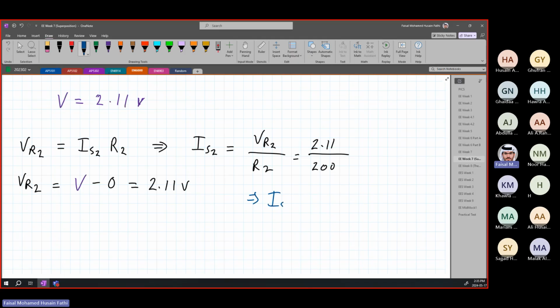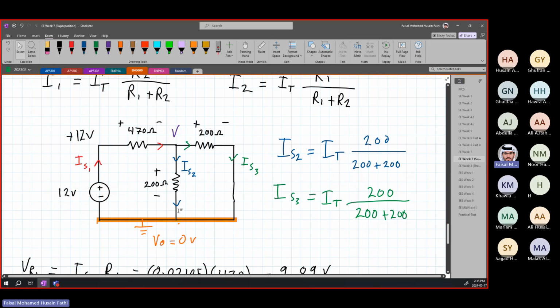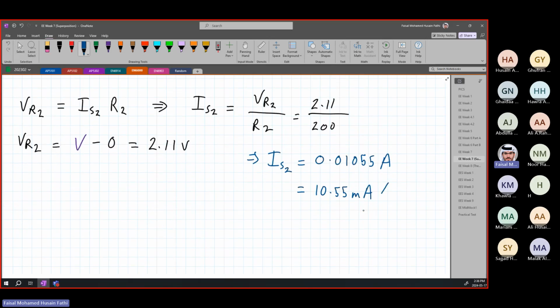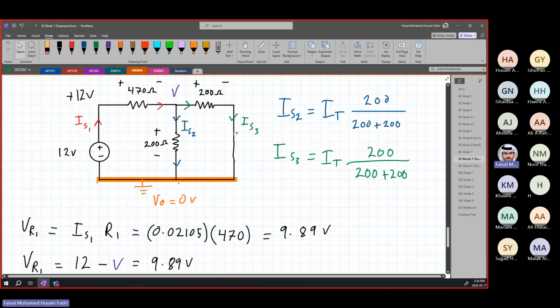Therefore, IS2 is equal to 0.01055 amperes, which is equal to 10.55 milliamperes. Then, again, direction is important. Since we got a positive value for the current, we know that our direction is correct, so we have to write it down.